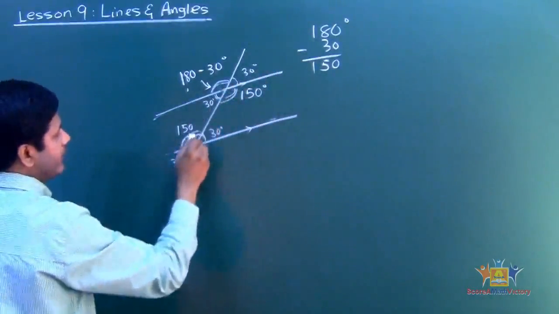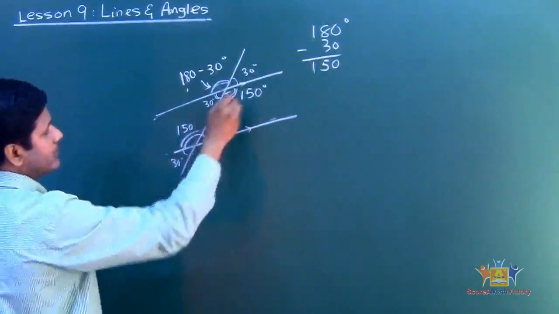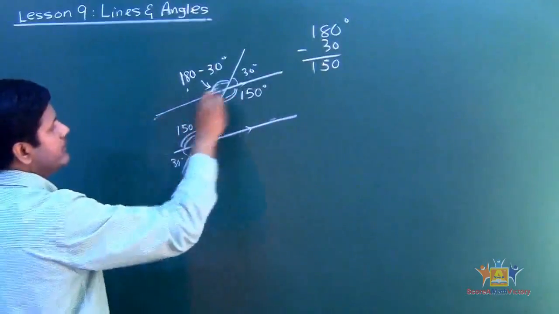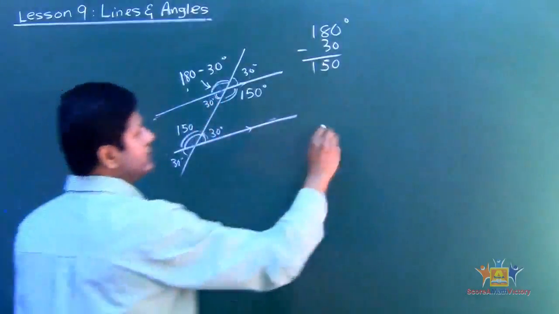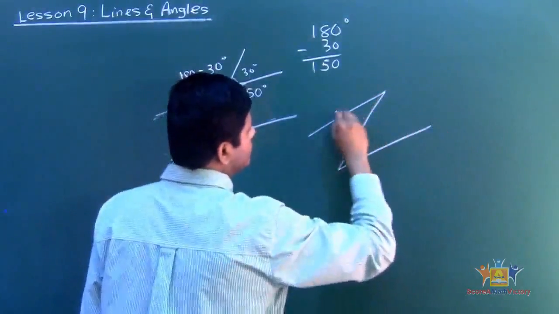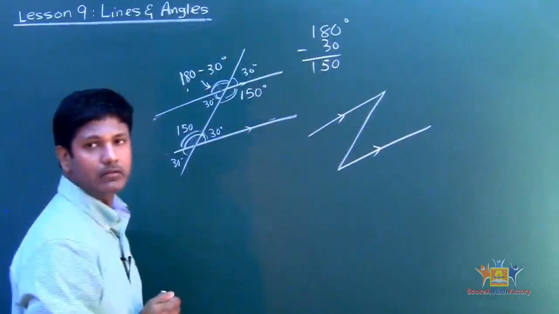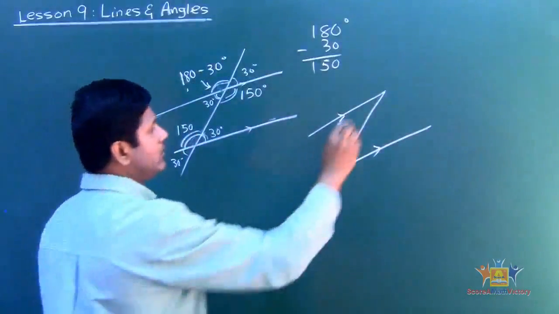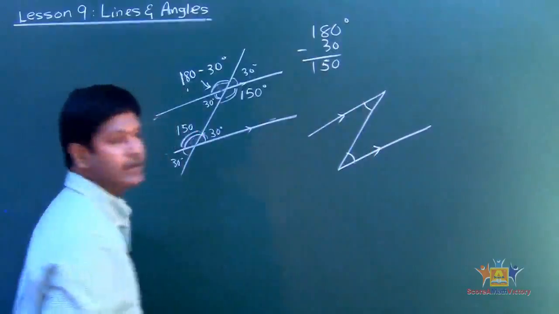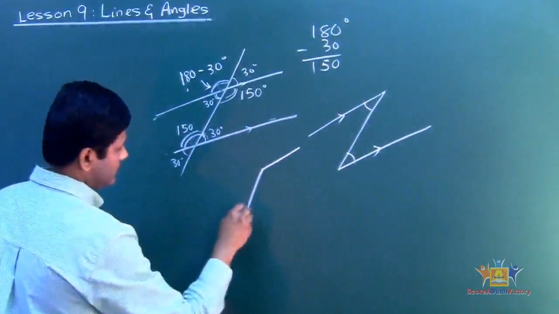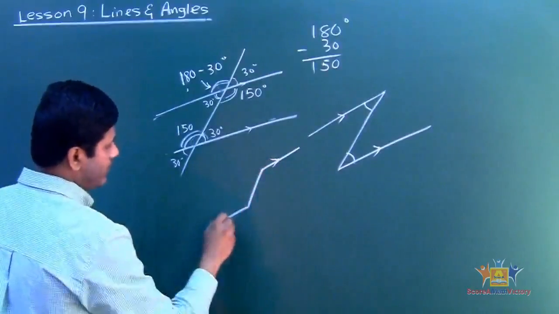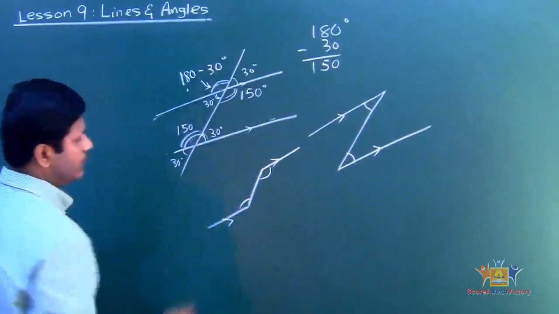See that right there, the inside of the Z, they're identical. Keep in mind, as long as the lines are parallel, these are identical. Or as long as this line is parallel, these are identical.